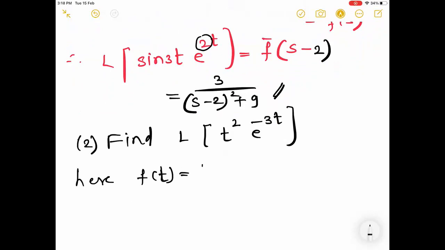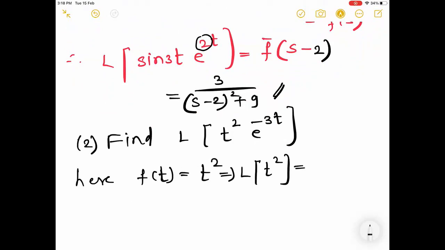So can you tell me what is the answer of the transform? So Laplace transform of t square answer we want. So use the t raised to n formula. Two upon s cube.